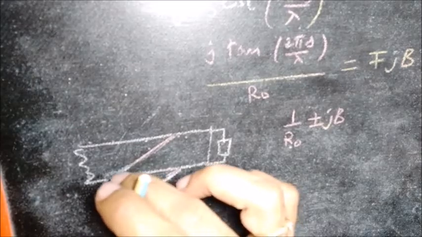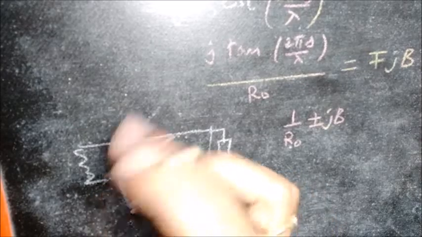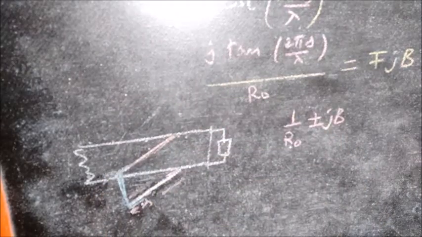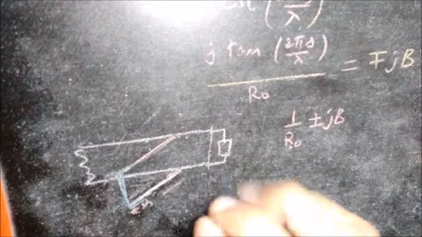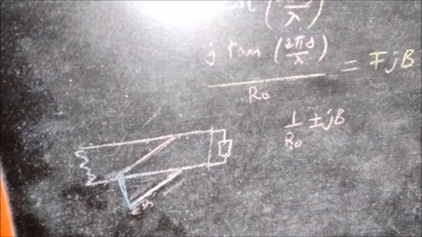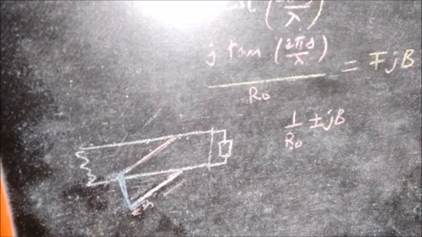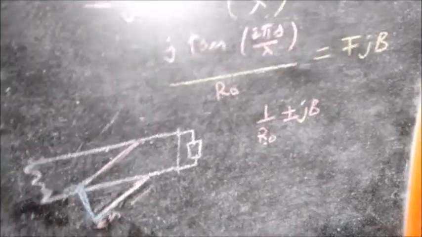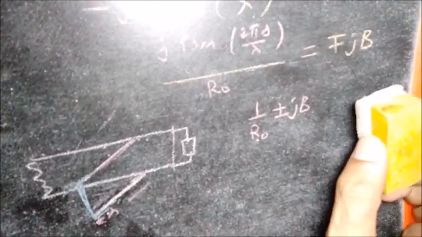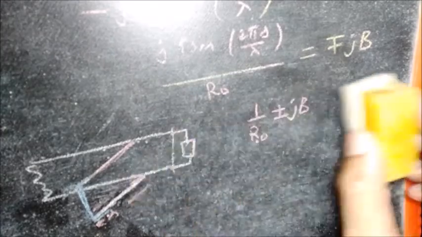Whereas an open circuit is not that well defined because you just leave it open there. So this is the reason why a short circuited stub is preferred, but technically or theoretically it is equally possible to use an open circuited stub for the impedance matching. So that is about the use of single stubs for impedance matching.